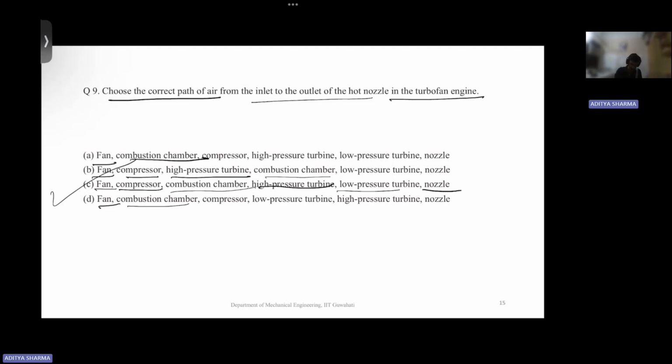This is not right. So C is the correct option.